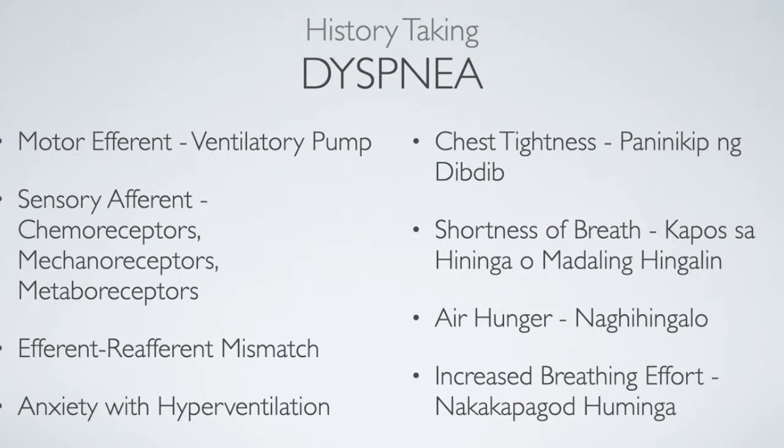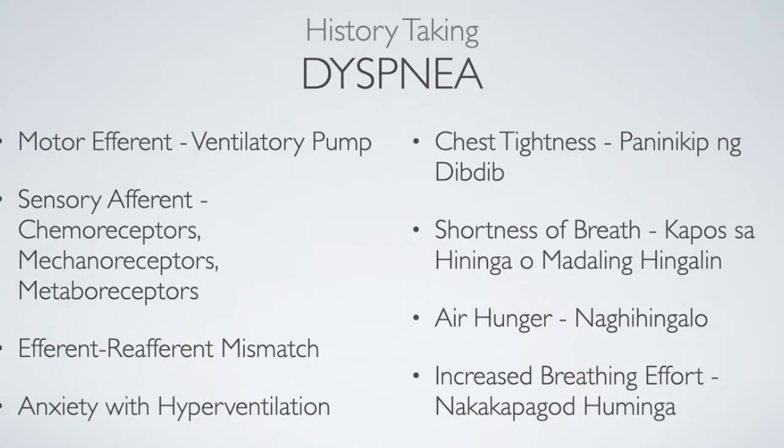The increased breathing effort could either be due to the musculoskeletal receptors or also due to the ventilatory pump receptors telling the brain, oh, we're not getting enough oxygen or we're not expanding enough.